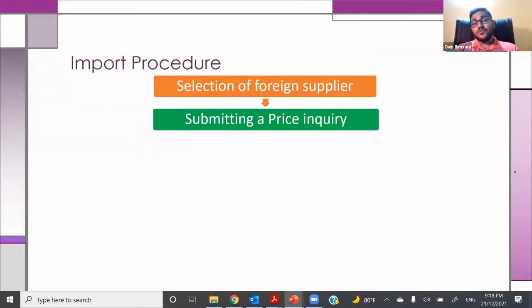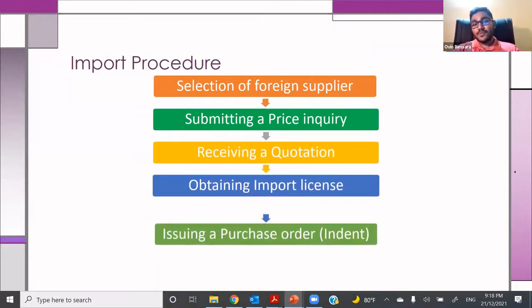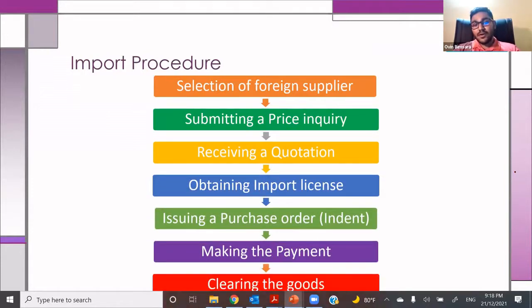And what is the import procedure? When it comes to an import, there also you can find the buyer and the seller. Basically, the importer is the buyer and the exporter is the seller. So the first thing is, when you want to import something, you need to select a foreign supplier who will be your exporter.